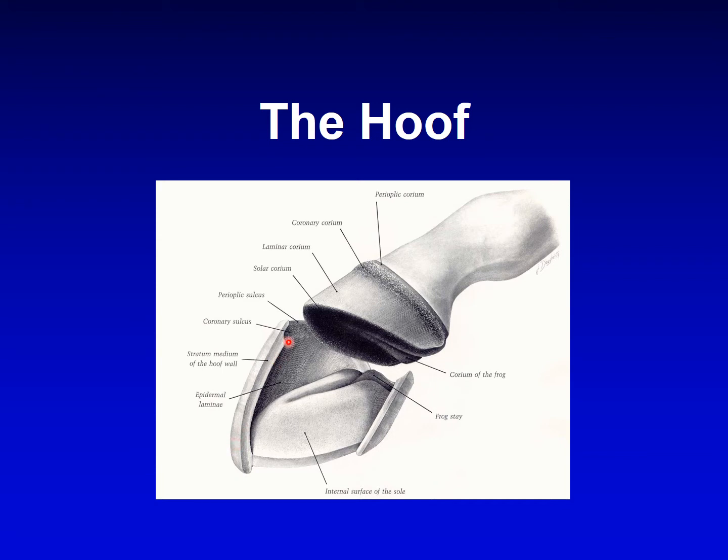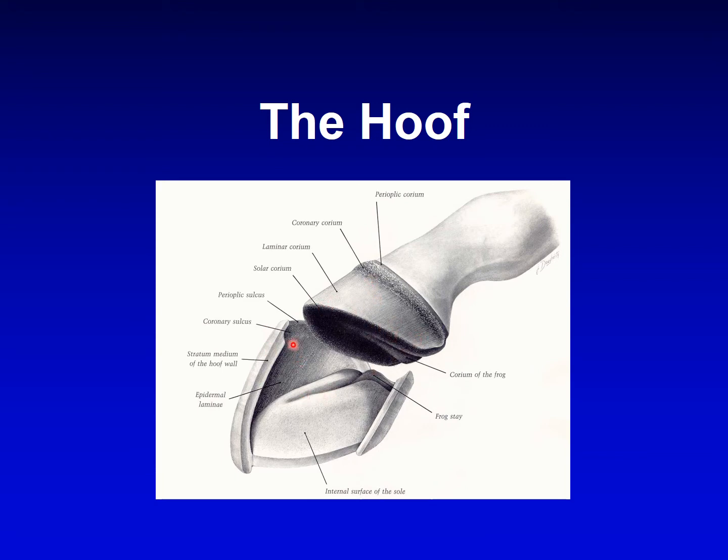And the hoof is the keratinized epidermis that covers P3. Just look at your finger and look at your fingernail. The hoof is the fingernail of the horse.